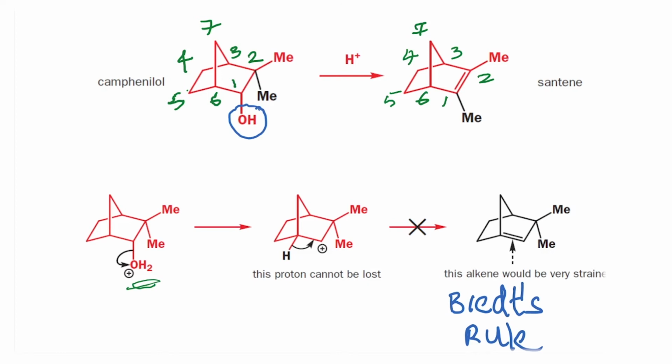And now you can envisage that this proton can be lost and you can get a double bond, but this double bond is actually quite unstable. It is at the bridgehead, and it's very difficult, if not impossible, for it to assume sp2 hybridization and 120 degrees and so on. So therefore the formation of this double bond is really challenging.